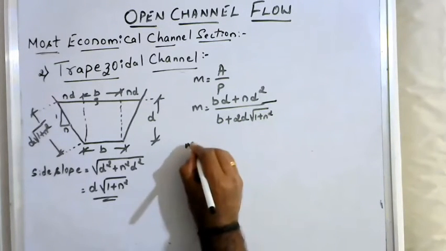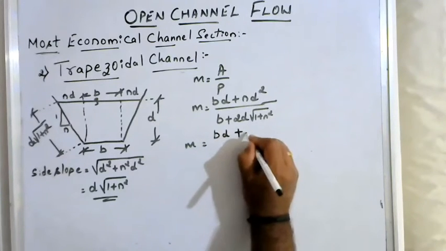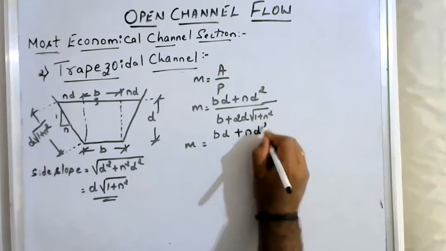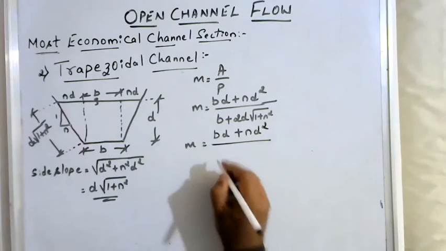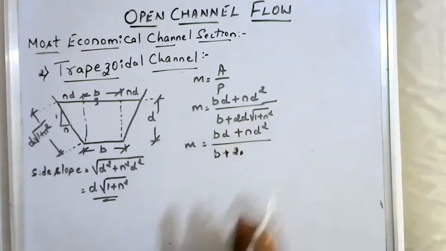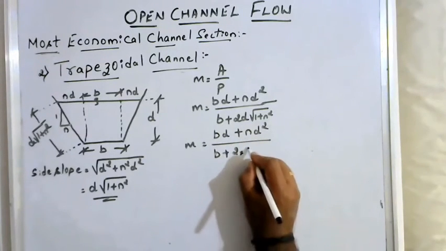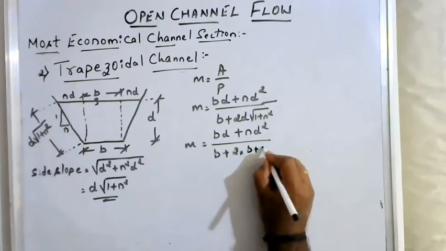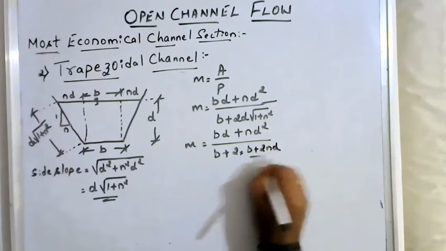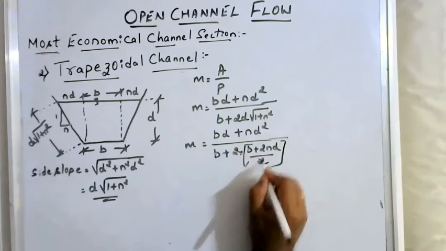Further, I can write this as BD plus ND square divided by B plus 2 into, what is D into root of 1 plus n square? From the previous condition, it's nothing but half of the top width, that is B plus 2ND divided by 2. This 2 with 2 cancels.